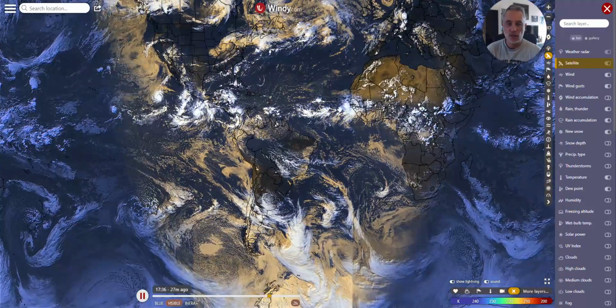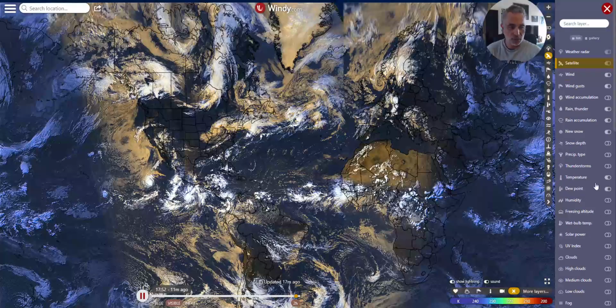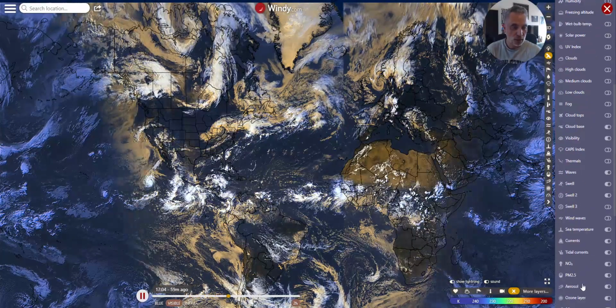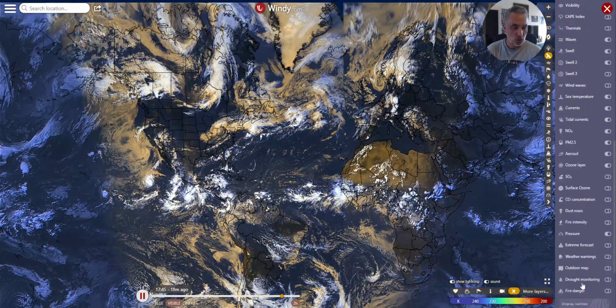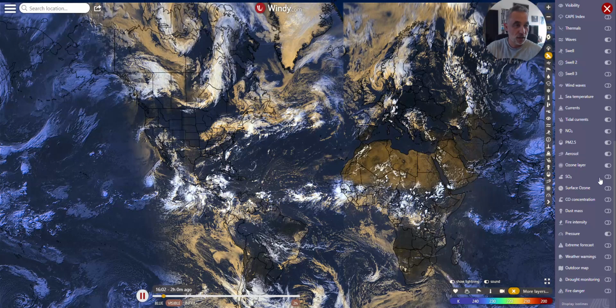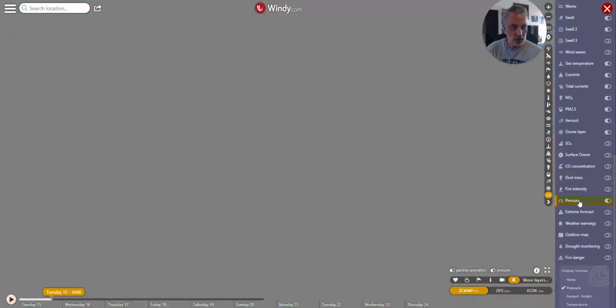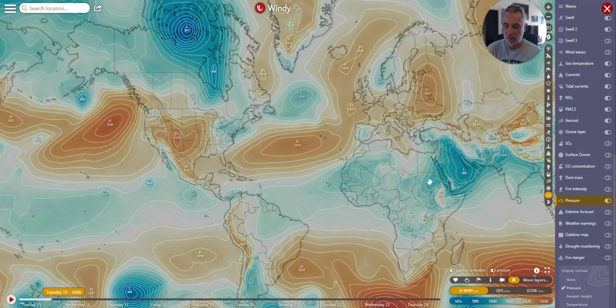Now, what's interesting to do here also is you can plot the surface pressures, just to get a better idea of what's going on in terms of the circulations. And if I do that, you can see that for this time on Tuesday, August 15th, 2023, you can pick out the subtropical Azores or Bermuda high here over the subtropical Atlantic, and the trade winds to the south of that.